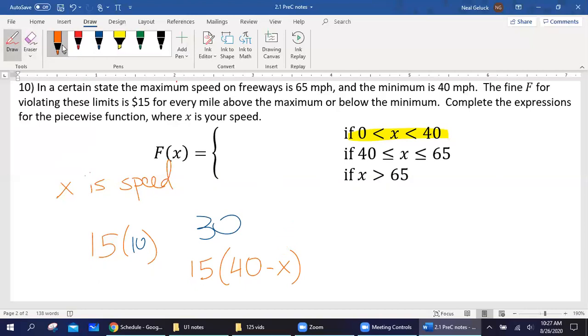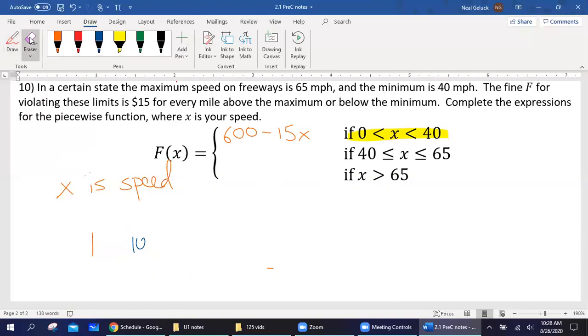So if I distribute that, that's going to give me 600 minus 15x. That's how I would calculate the fine. If I am going between 40 and 65, there's no fine. So that's just 0, which is perfectly allowed.